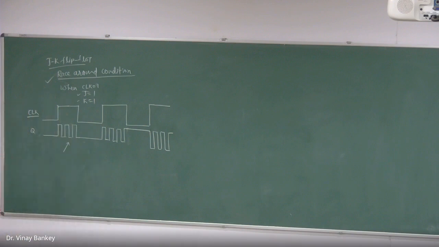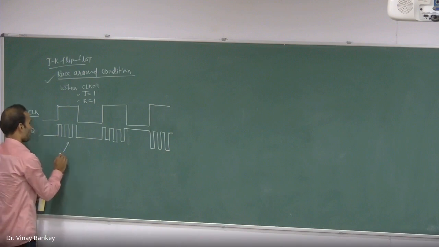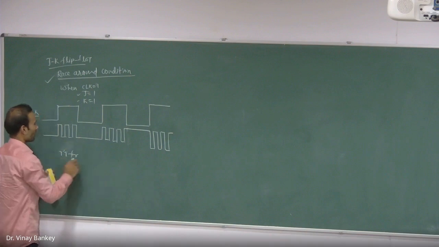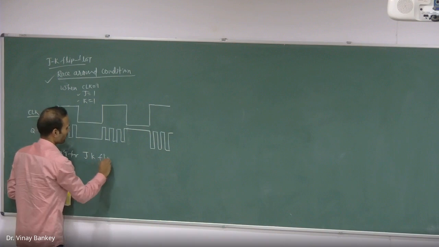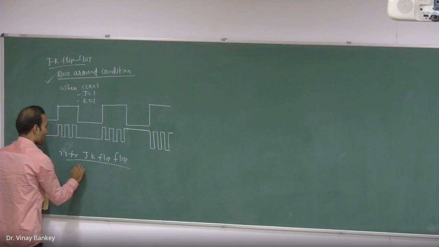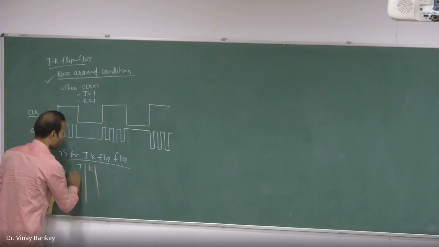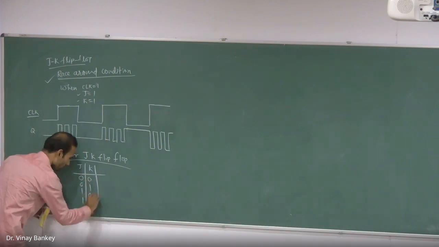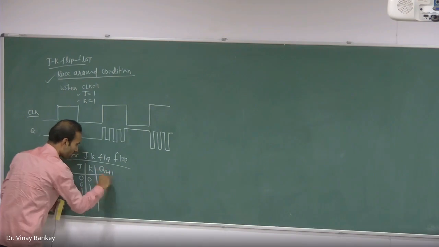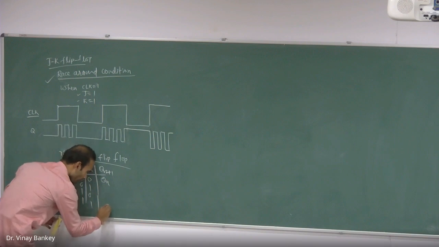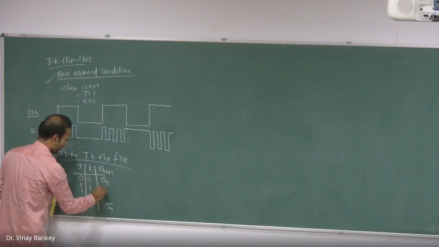And what are the solutions for this race around condition? Because why is it coming? If you remember the truth table for the JK flip-flop, if J and K are both 1 1, then Qn plus 1, that is the output of the flip-flop, will be Qn bar, isn't it?